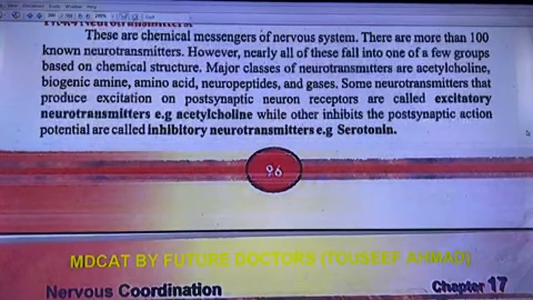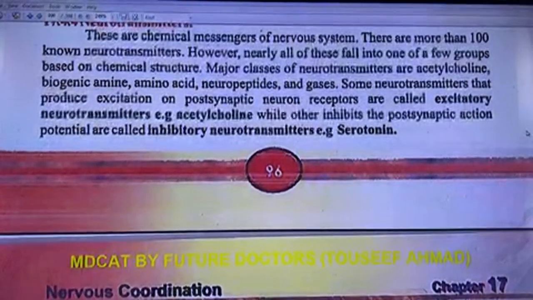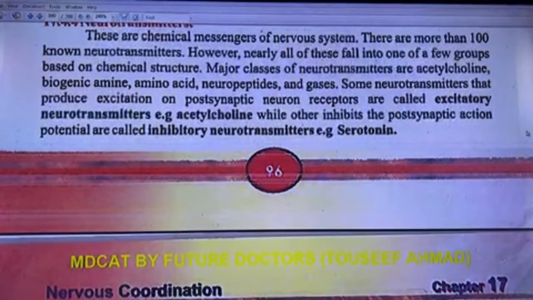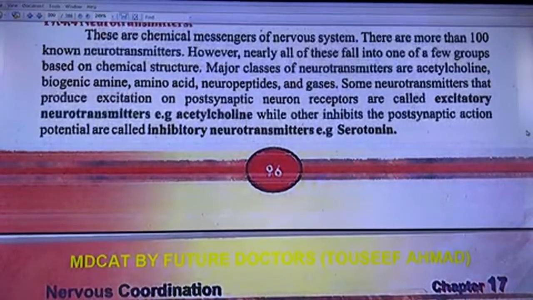Some neurotransmitters that produce excitation on the postsynaptic neuron receptor are called excitatory neurotransmitters, for example, acetylcholine, while others that inhibit the postsynaptic action potential are called inhibitory neurotransmitters, for example, serotonin.